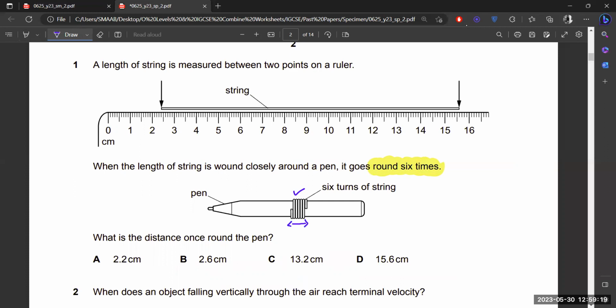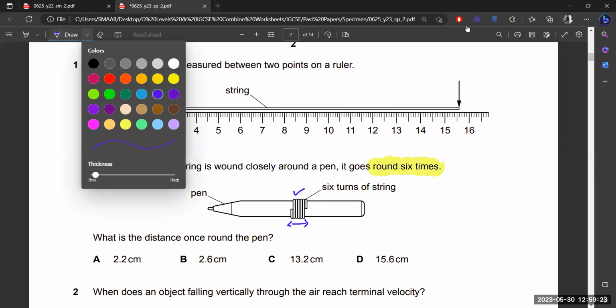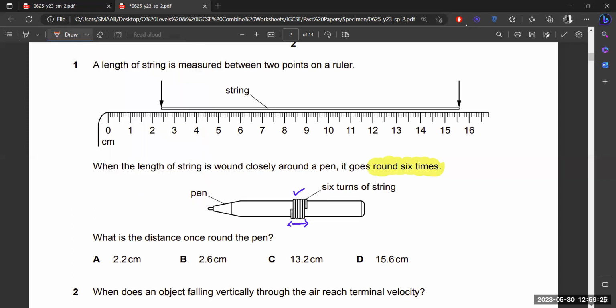So first of all, we need to mark the length from the given diagram. Starting from the initial point, we have the value 2.4 centimeter on the scale, and 15.6 is the ending point.